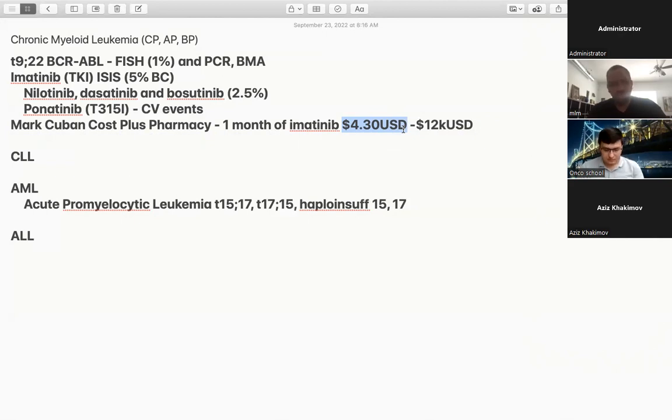They pay what it would cost in the US to buy a glass of beer or a coffee to get their drug for a month. So it should be extremely treatable all around the world and very, very easy. If you guys have any problems and you have a patient with CML that you cannot for some reason get imatinib, even though you should be able to just buy it and get it shipped, you could get it shipped to me and I will ship it to you. It is really easy to get now.